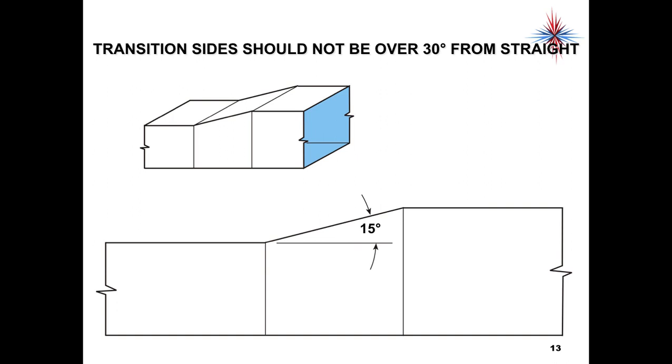And by the transition side, we're talking about the transition from the smaller duct to the larger duct. That's about a 15-degree angle in 12 pitch. So again, we don't want to have any reductions or increases really more than a 15-degree angle over a length.